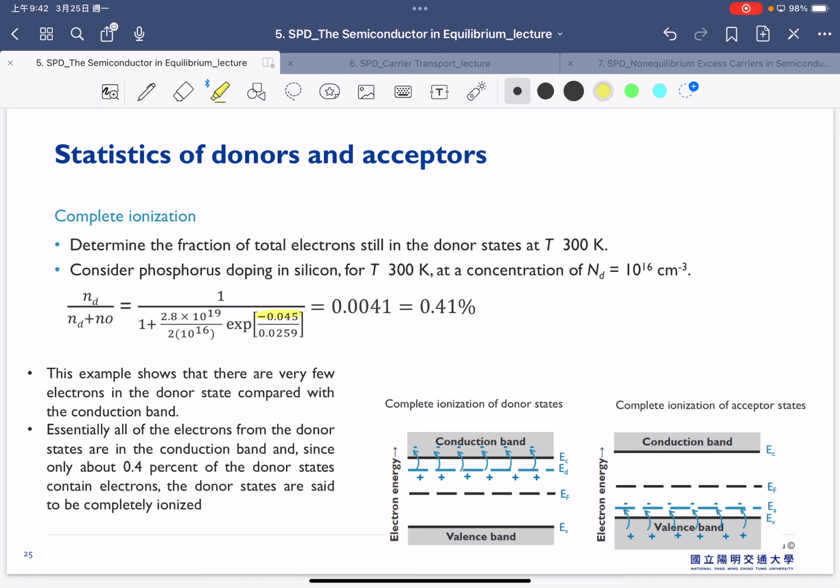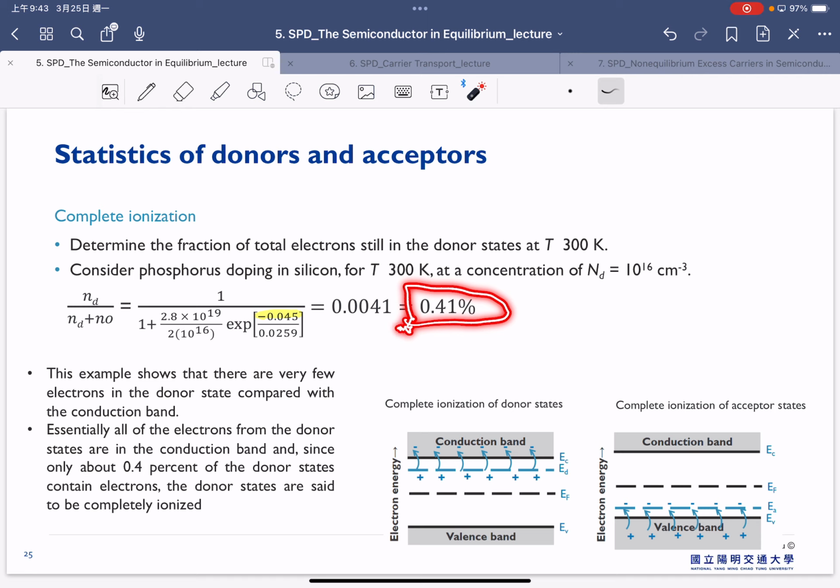In the end, based on this ionization energy of 0.045 electron volts, we have only 0.41% of the electrons in the donor state.